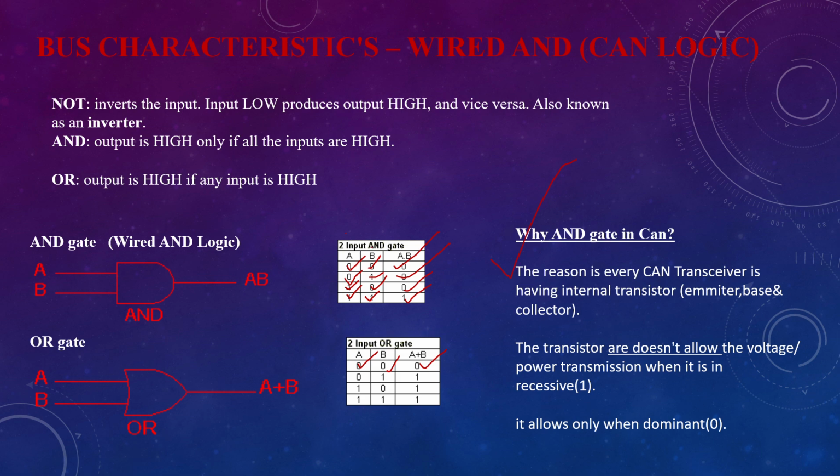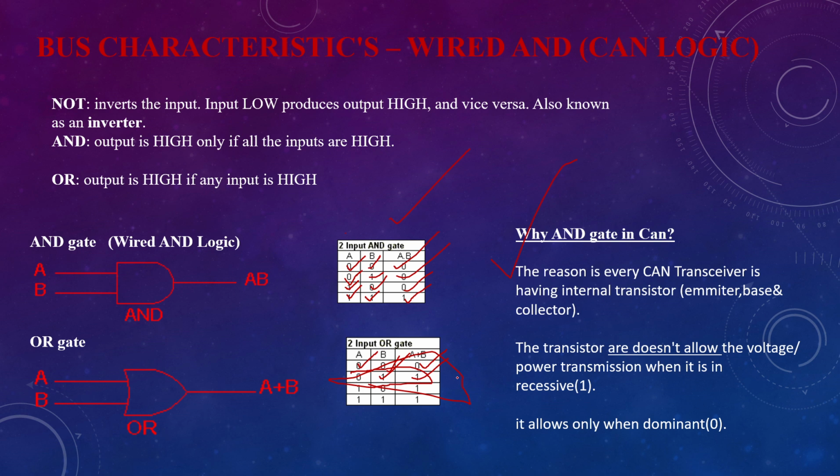Here, if any one of the bits is recessive, the total output is recessive. You can think of 0 as dominant and 1 as recessive. So if one bit is dominant, the output is dominant.